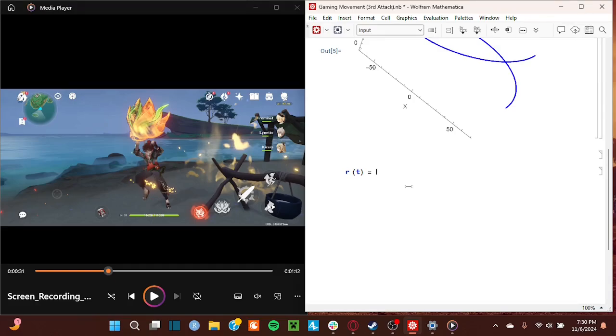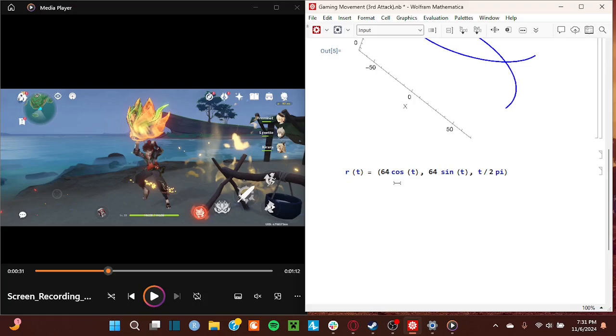It's formatted as 64 cosine of t, comma, 64 sine of t, and then lastly t over 2 pi. This is important because what this equation is really giving us is the x, y, and z coordinates.